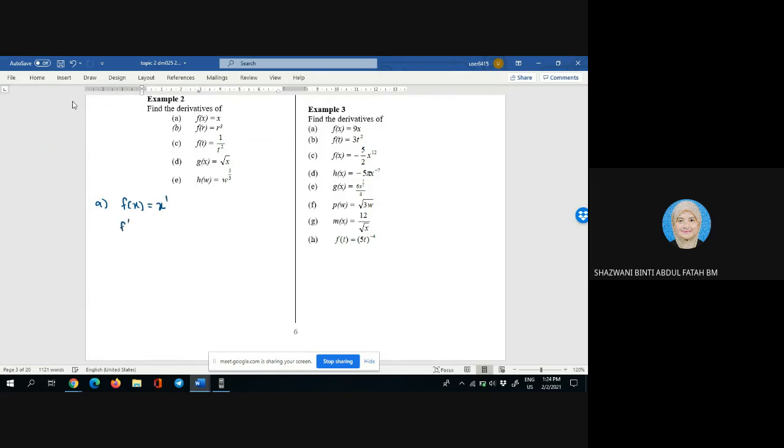If you want to differentiate, bring down the power, and then copy the function, x. And then minus 1 the power. So power dia 1 tolak 1. So therefore, this one becomes 1 times x to the power of 0. So anything to the power of 0 kan sama dengan 1. So the answer is 1.